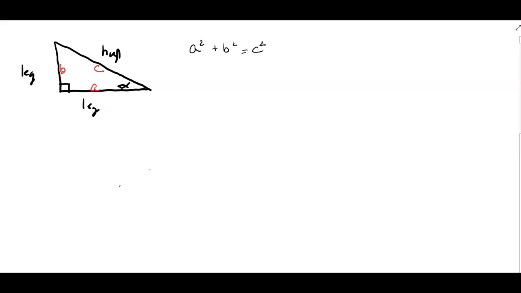All right. And of course, you were also aware sine of alpha is always opposite over hypotenuse. Right? Cosine is adjacent over hypotenuse. Sorry about that. Hopefully you're all sitting there watching the video like, what is she saying? Sine is opposite over hypotenuse. Cosine is adjacent angle over hypotenuse.